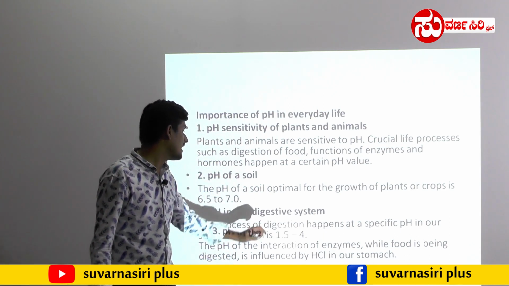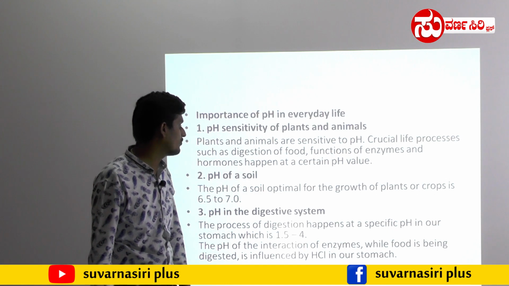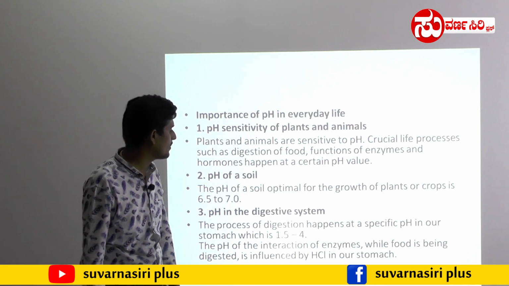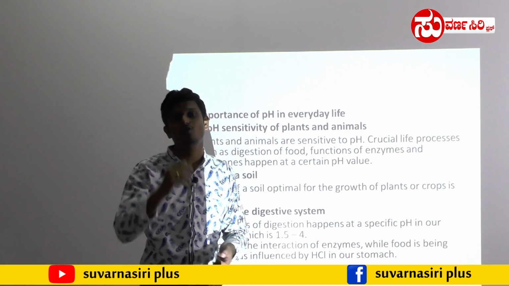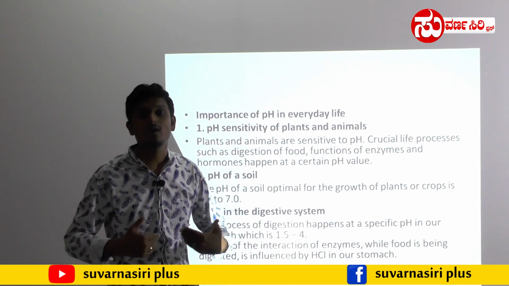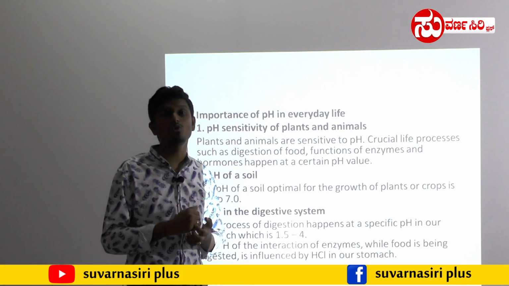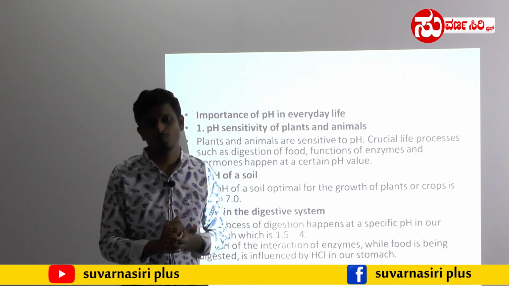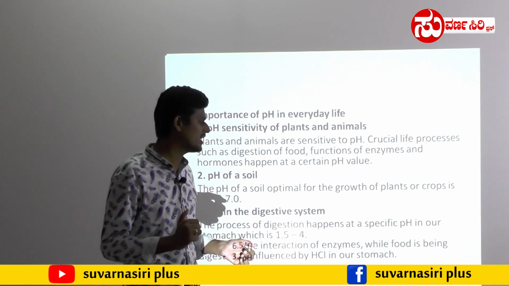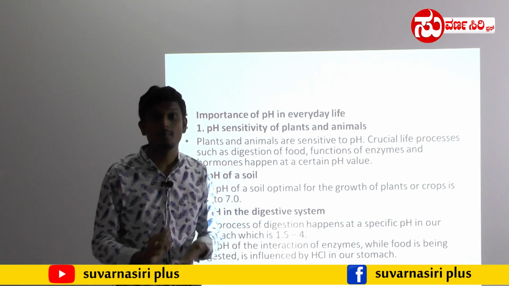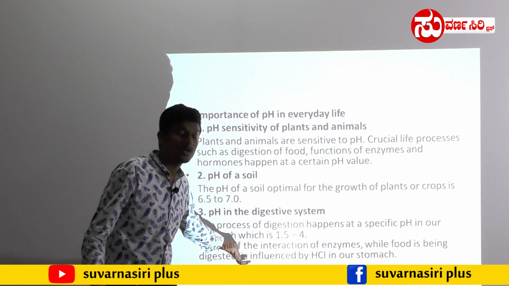The pH for the interaction of the enzymes while the food is being digested is influenced by the HCl in our stomach. As you studied in the life processes chapter, our stomach contains enzymes, so pepsin is also present, and the entire stomach layer is covered with mucus. Pepsin is produced in the stomach.